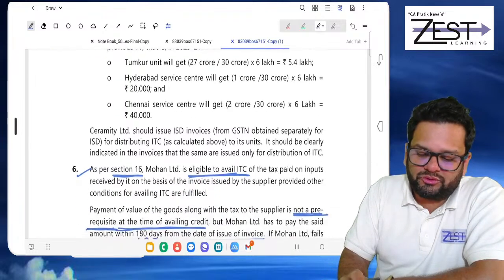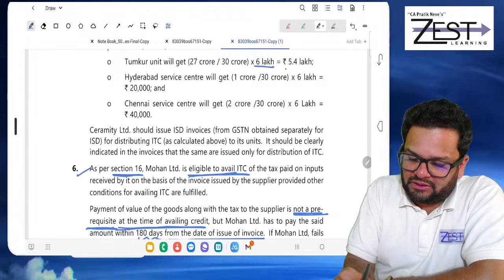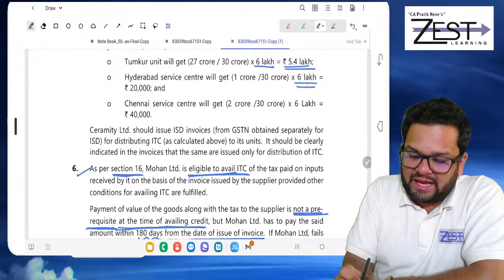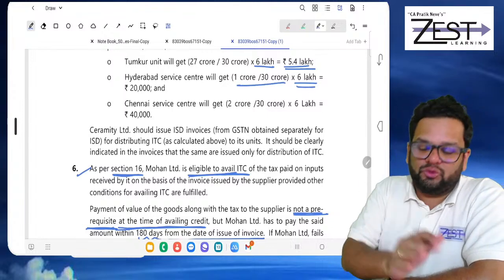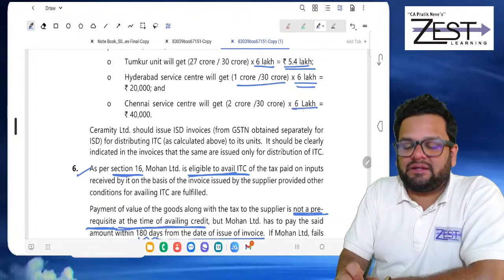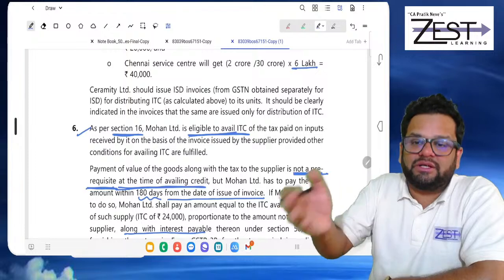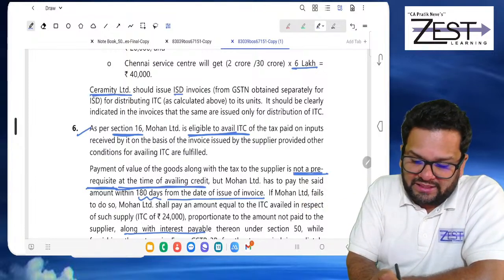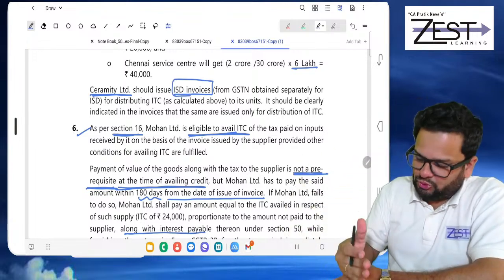So the Tumkur unit will get 6 lakh into 27 by 30. The Hyderabad unit will get 6 lakh into 1 by 30 and the Chennai unit will get 6 lakh into 2 by 30. And to distribute this, Ceramity Limited should issue ISD invoices. How will they distribute?